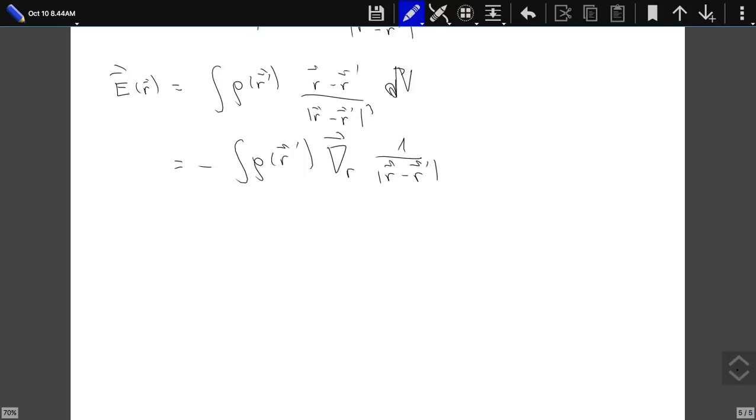Well, that gradient with respect to r is nothing but derivatives with respect to r, theta, and phi. They are not derivatives with respect to r prime. Since that gradient is independent of r prime, I can just take it out of the integral.